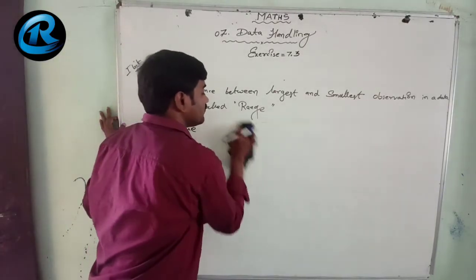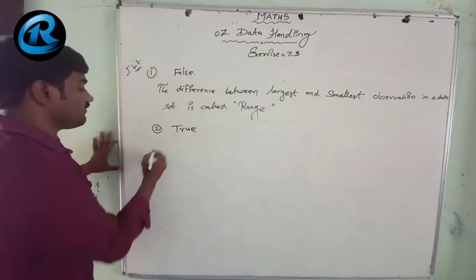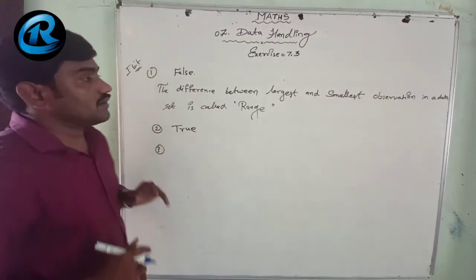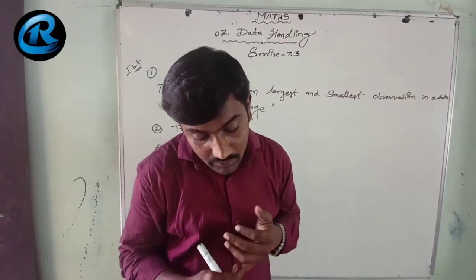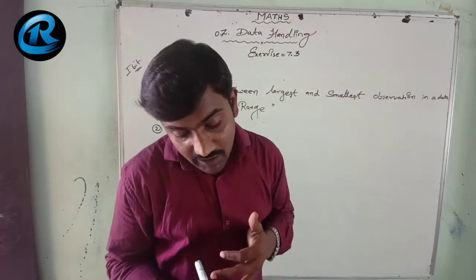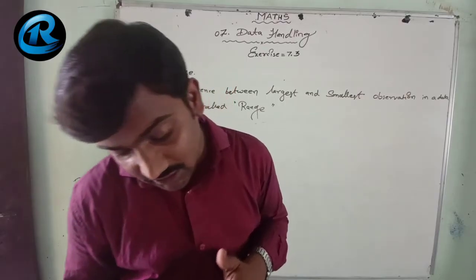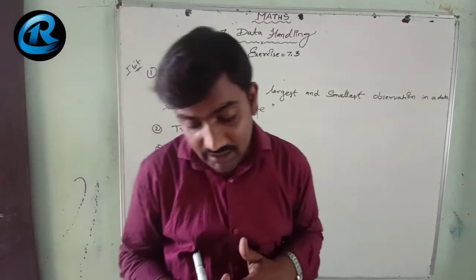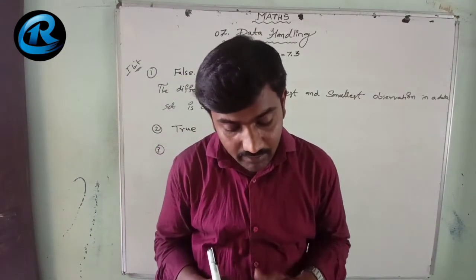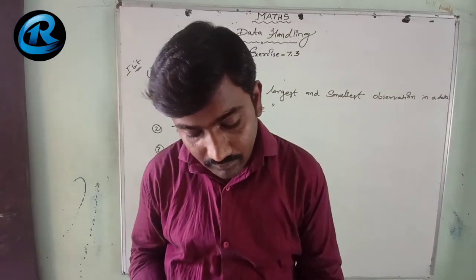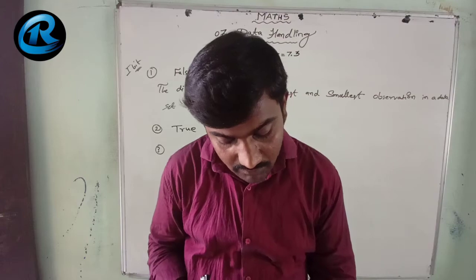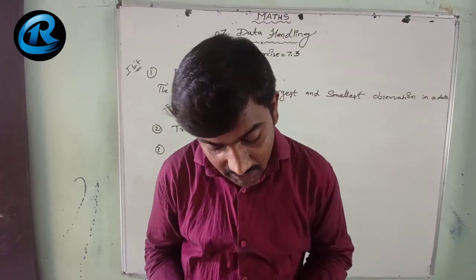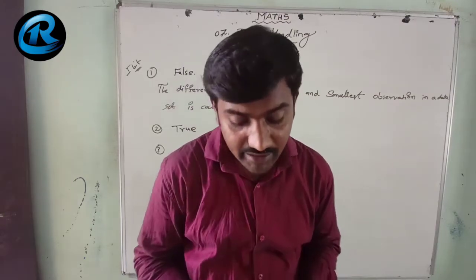For a true statement, we do not need to give any reason. If it is false, we have to give a reason. Now, the value of every observation of the data set is taken into consideration when the median is calculated.